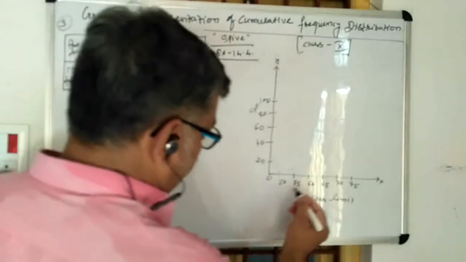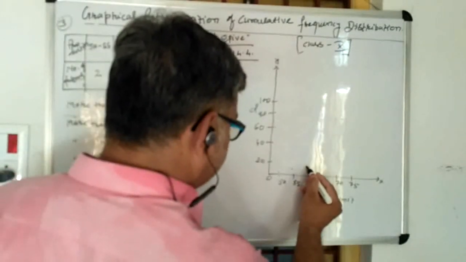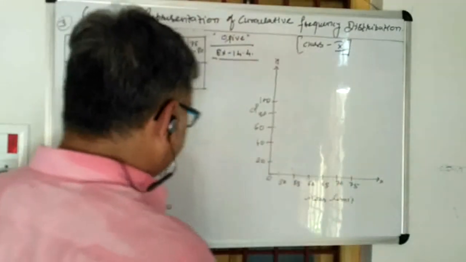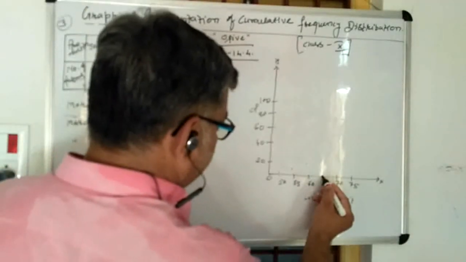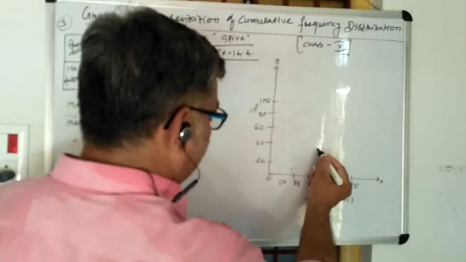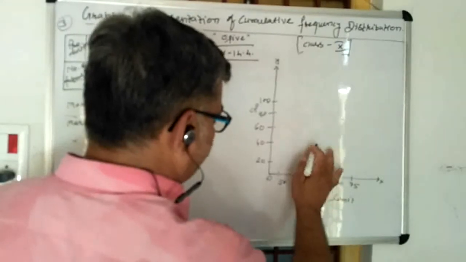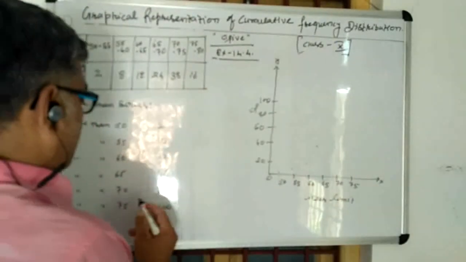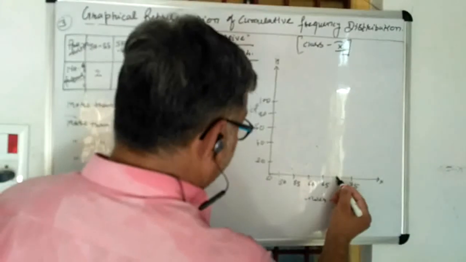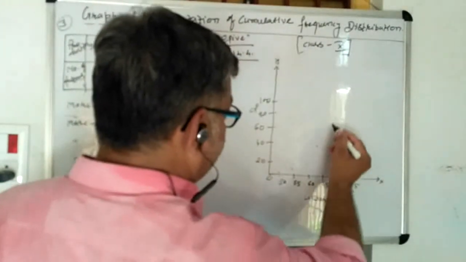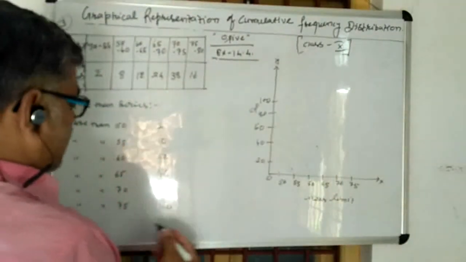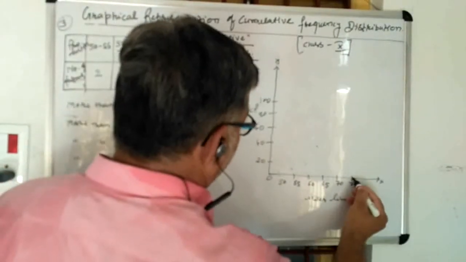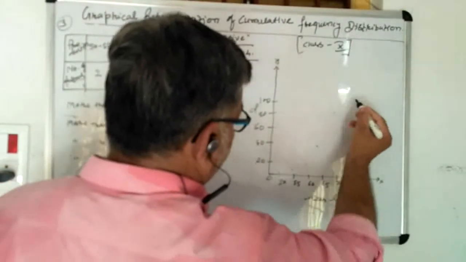At 60, it is 22. It is 60, so this is 20 and this is suppose 22. At 65, 46. 65 is 40 and a little bit upper, so 46. At 70, 84. 70 is 80 and a little upper, 84. And at 75, 100. So it will be your 100.